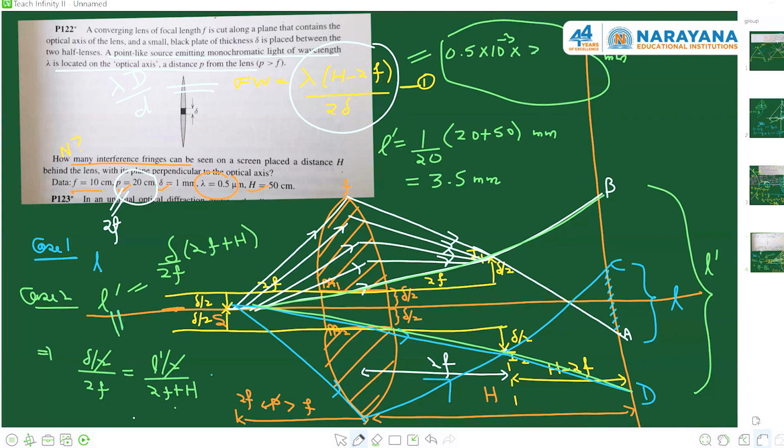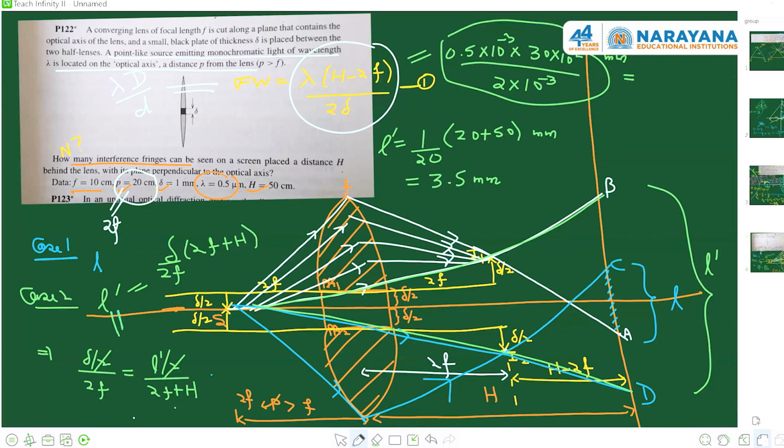So 30 into 10 raised to the power minus 2, and divide this by 2 delta. So that is 2 into 10 raised to the power minus 3. So I've written this in millimeters. You find out the value of fringe width here.